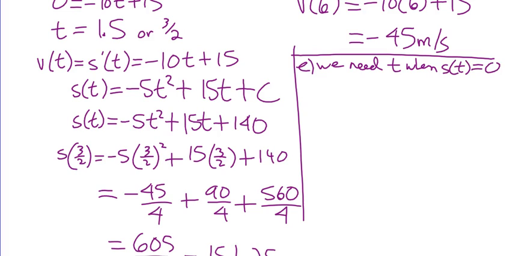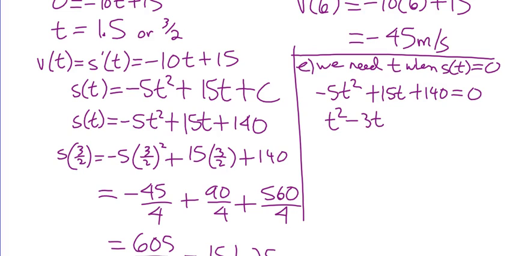So we need the displacement to be 0. And luckily that's level here. So -5t squared plus 15t plus 140 equals 0. Dividing through by -5, 140 divided by 5 is 28.